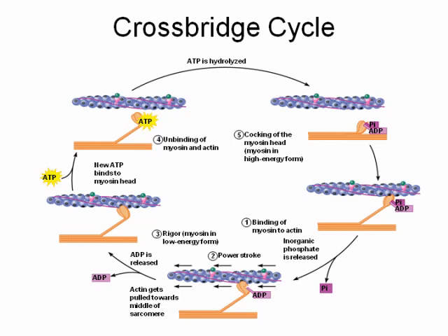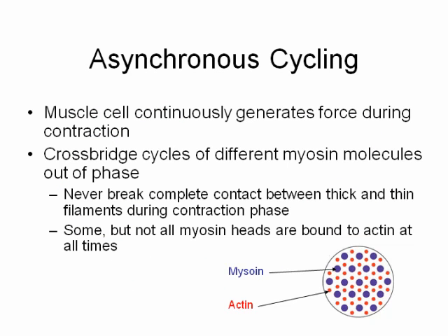So what you have, if you take a look at the muscle fibers in cross-section, is this orderly matrix of myosin and actin fibers where each one is surrounded by the other in a very uniform way, so that you can continuously generate force in the muscle by having different myosin molecules either binding or dissociating from the actin molecules. So you never have complete loss of contact between the thick and thin filaments.